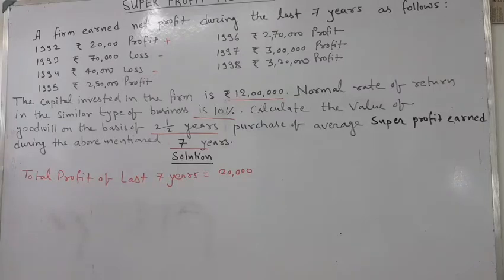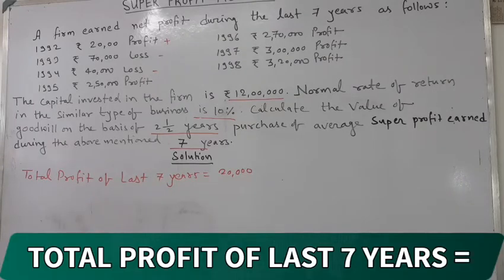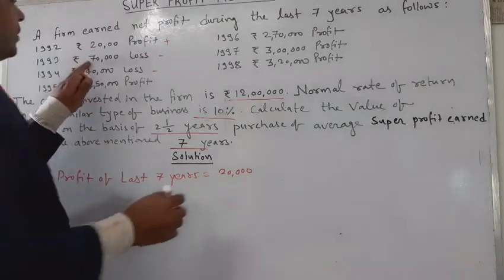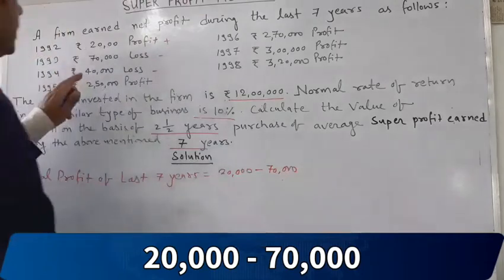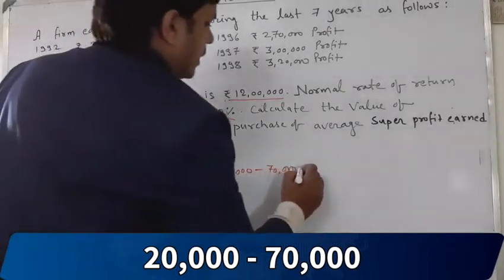Why minus? Because loss is given. 20,000 minus 70,000, then minus 40,000.